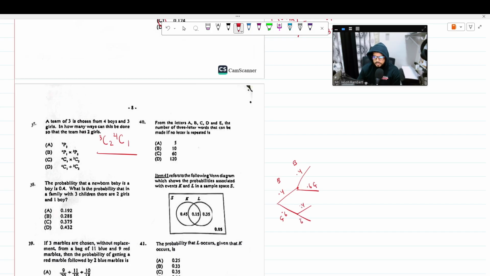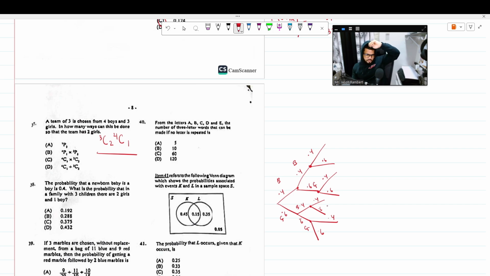So this is if you have 1 child. This is if you have 2 children. So 3 children will be the next branch of the tree. Boy, girl, with 0.4 and 0.6 on each branch.